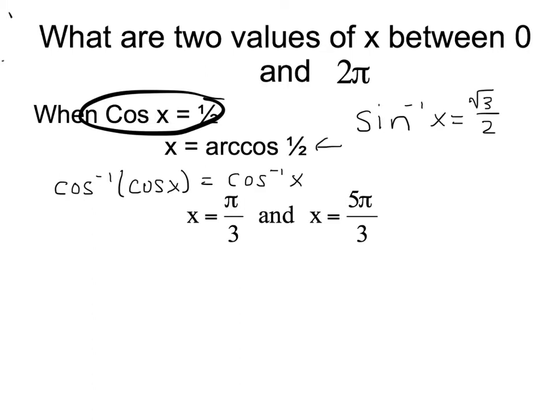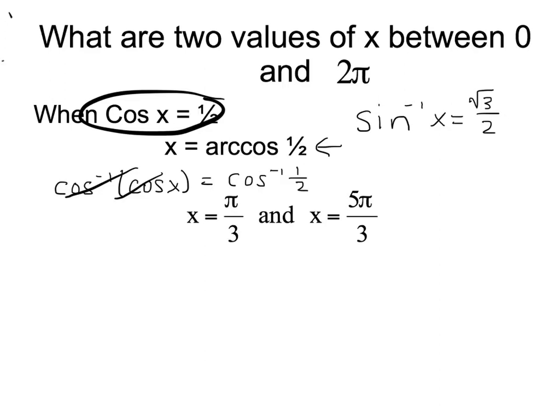That's how this equation came around. And so the cosine inverse of the cosine will get us to the x all by itself.